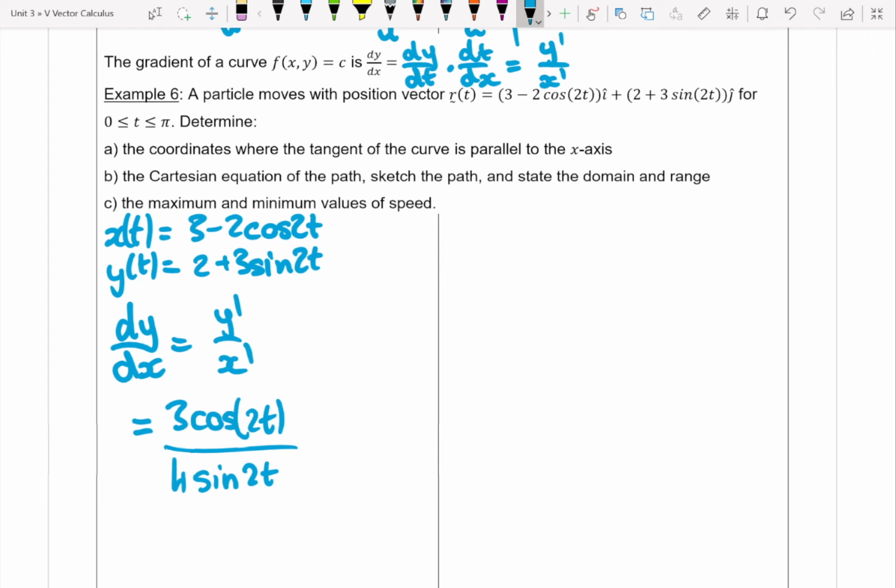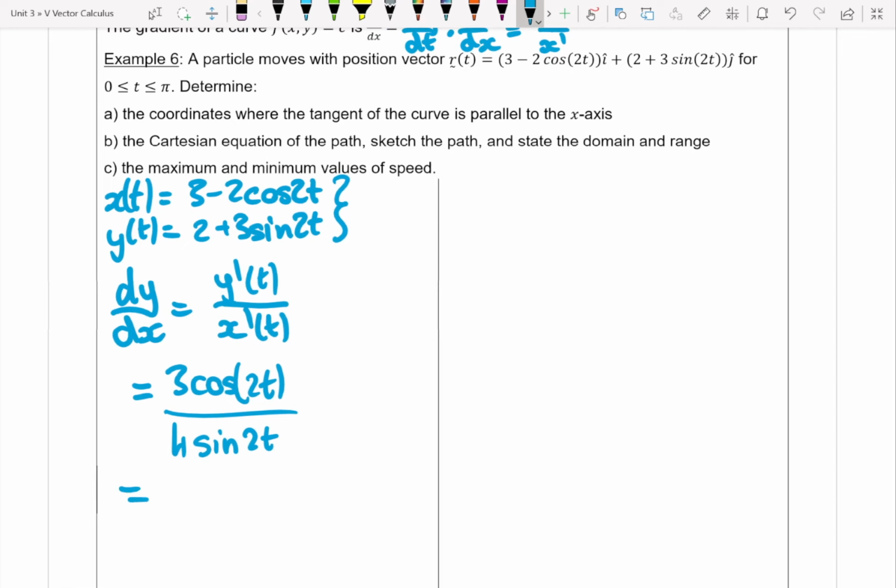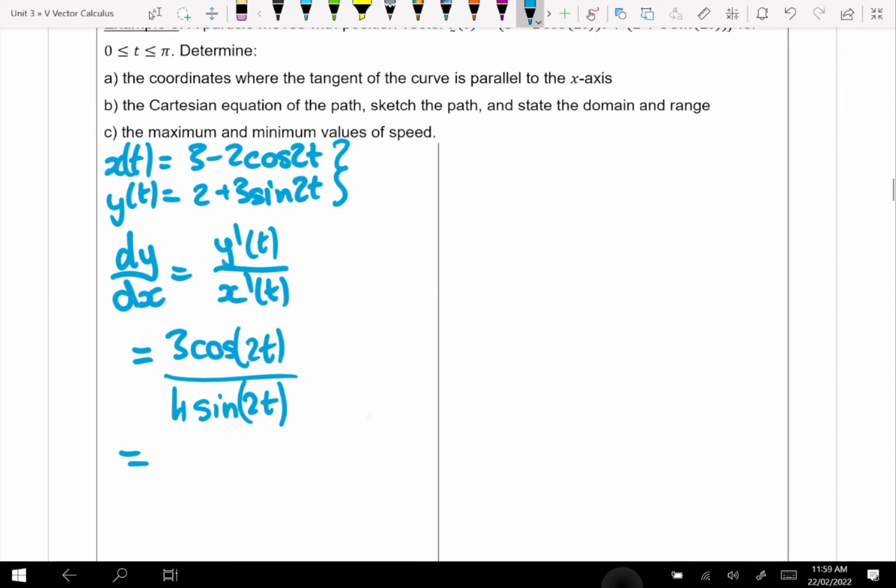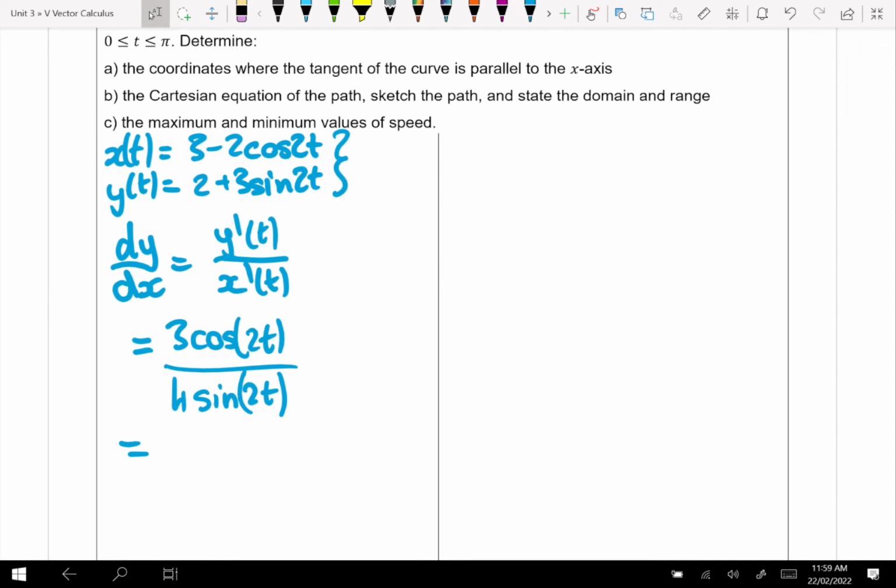That's just deriving these two equations up here with respect to t. Let's actually include the t here so that we can visualize that. So simplifying this out, we did have 6 on 4, but I've already simplified that. So simplifying that out, we get not 3 on 4, but 3 on 2 rather.